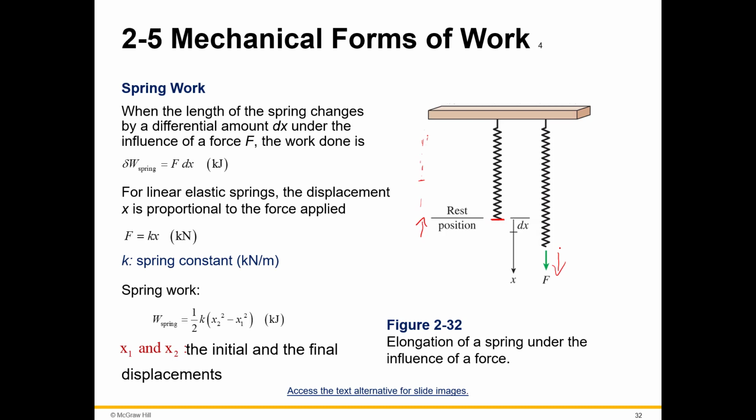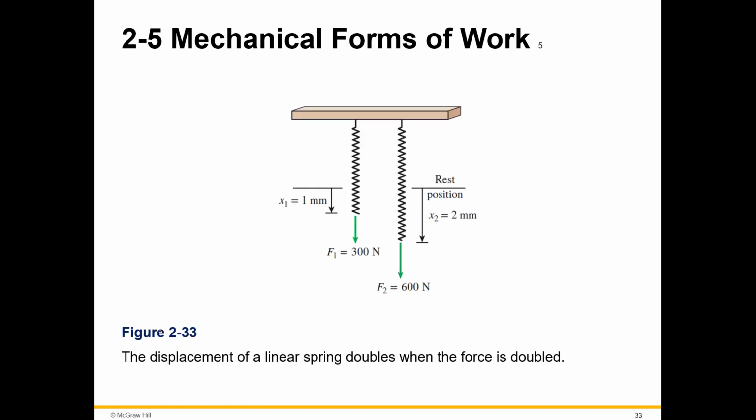And then you see down here where it says x1 and x2, those are the initial and the final displacements. And then it just has it over here where you're seeing this displacement. So this is the initial and this is the displacement, and that's kind of how that works as well.